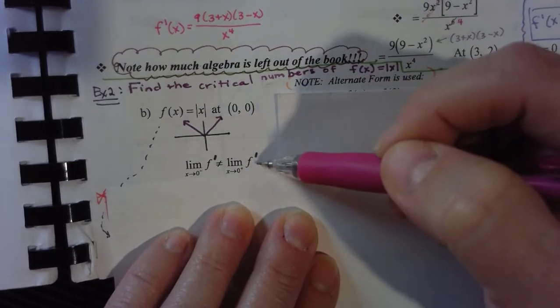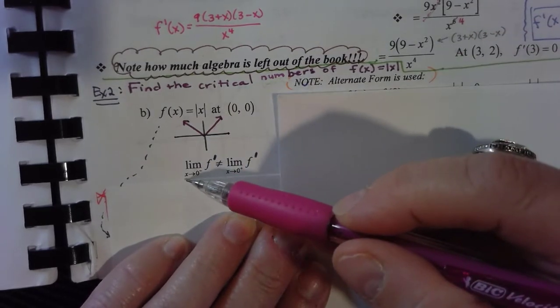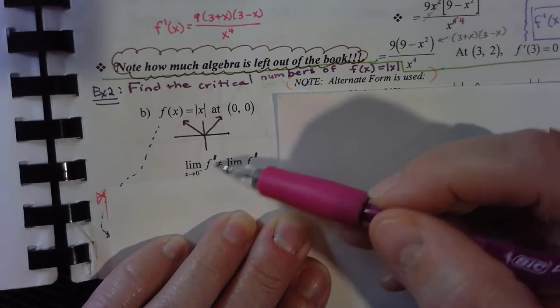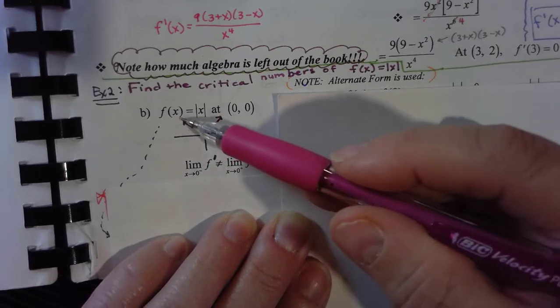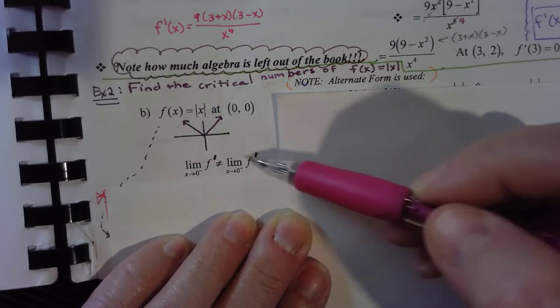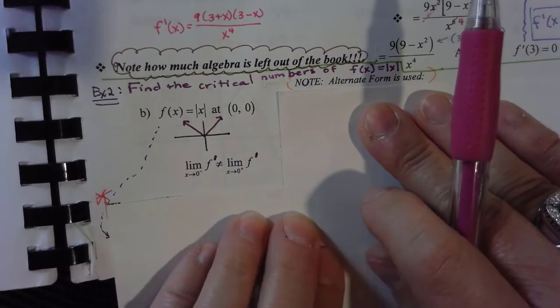Look at that notation. The limit as x goes to 0 from the left on the first derivative. That slope is -1. This slope is 1. Those are not equal. So this is an interesting thing to notice.